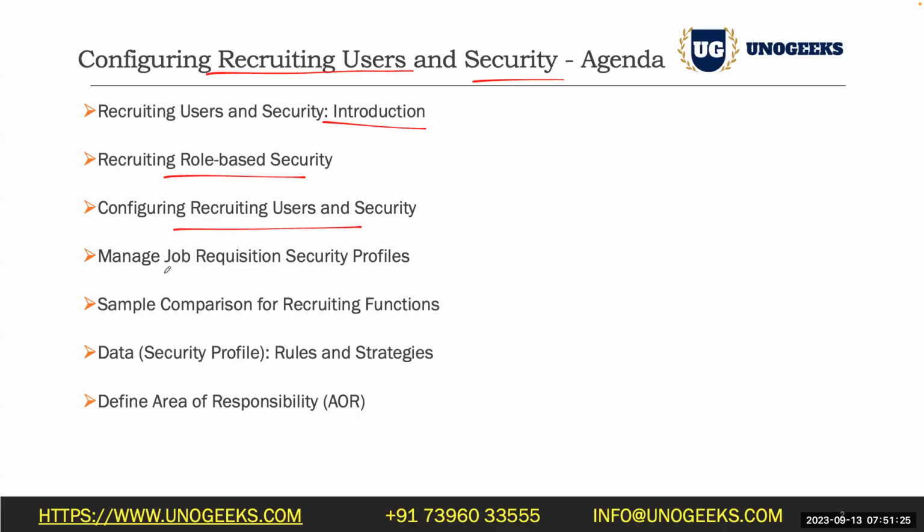And then we will talk about the job requisition security profile. So what is a requisition security profile? Why do we need to define security profiles? And then we will have a sample comparison for the recruiting functions, and then certain rules and strategies. And then we have something called area of responsibility. So these are the different topics which we have as part of this particular session.